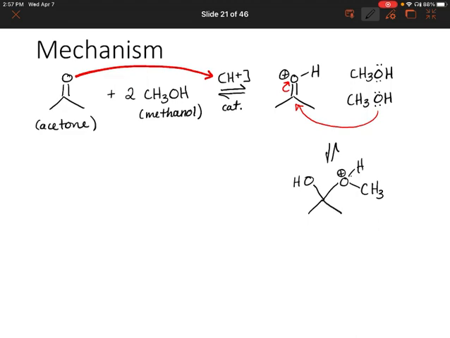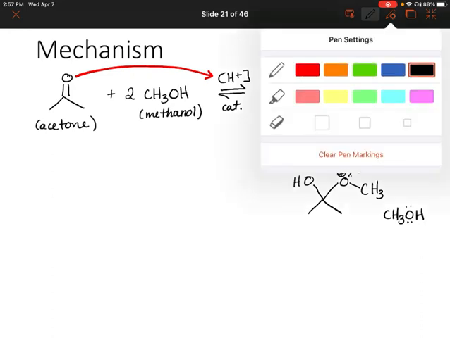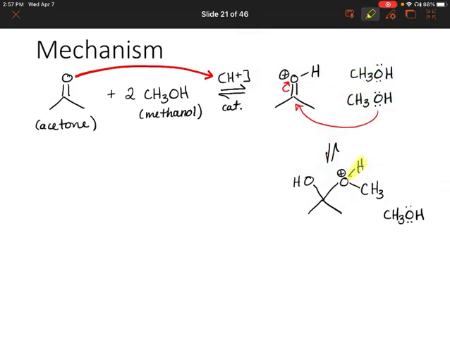Okay, so we've got a positively charged oxygen on one side and an alcohol on the other side. And then we still have our other methanol molecule hanging around. So what's going to happen here is the hydrogen on our positively charged oxygen is going to move over to our alcohol oxygen.